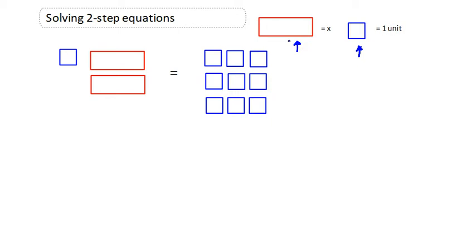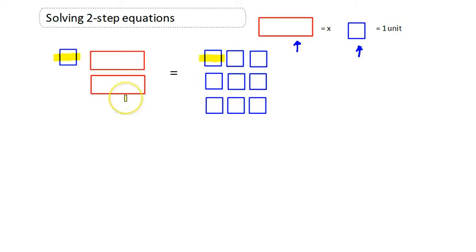Now I'm going to start by removing one of the tiles from each side. So I'm going to take this tile and this tile away. Notice that I'm balanced on both sides of my equal sign because I did the same thing on both sides.